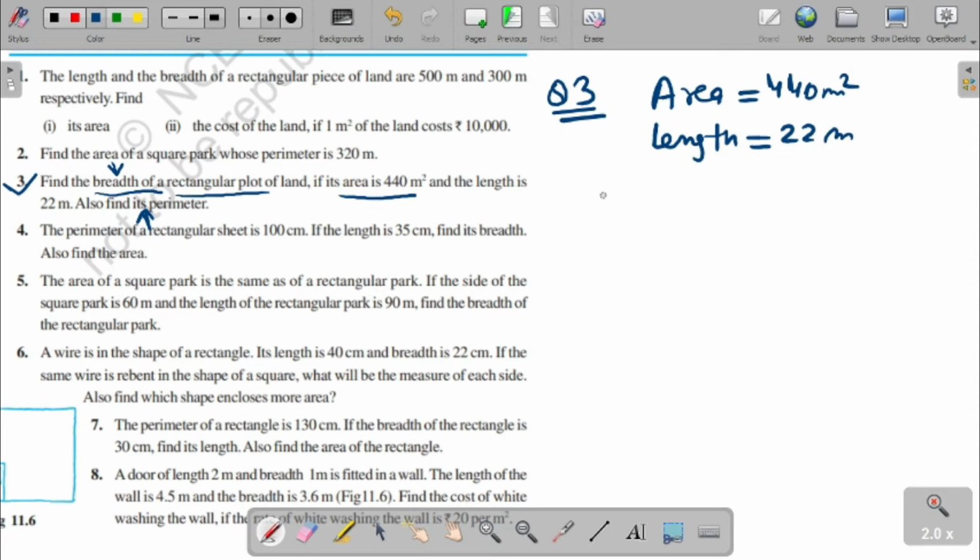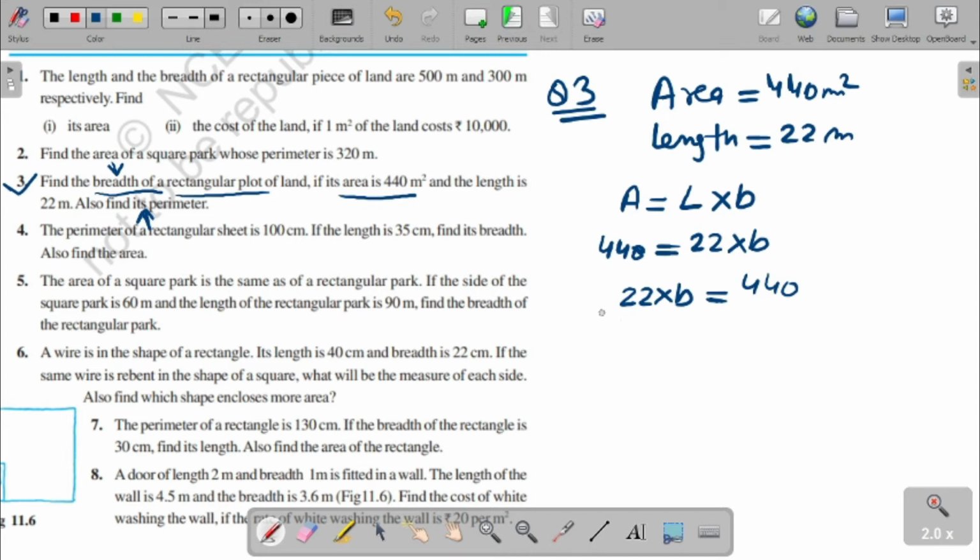So area in case of a rectangle is equal to length into breadth. So in the first part with this formula we will find the breadth. Area is given, that is 440, and length is given to you, 22, and breadth we don't know, so we have to calculate the breadth. We can write this this way, or in the reverse order: 22 into b equals 440.